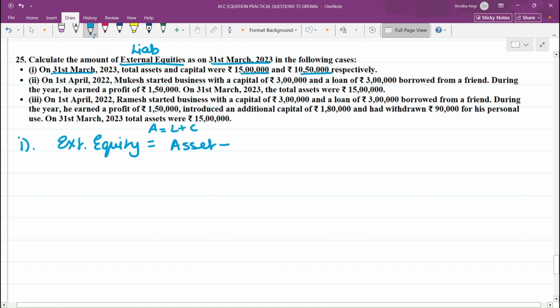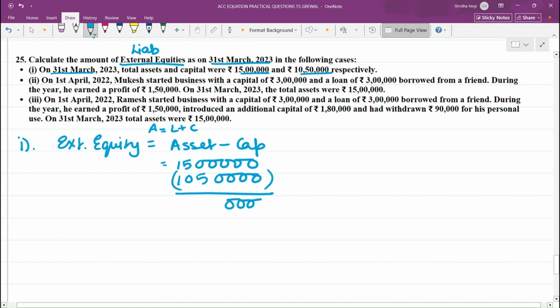Asset is your 15 lakh minus 10 lakh 50,000. तो कितना हो गया? How much? It will be 4 lakh 50,000 is your external equity in the first case.